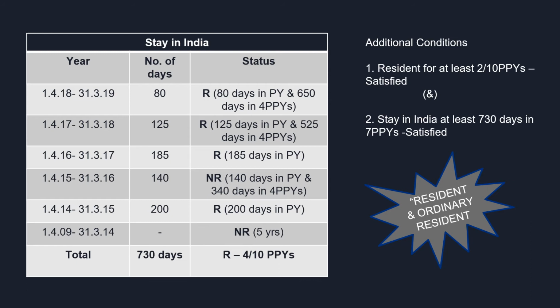So, we will begin with the first year, which is 1/4/2018 to 31/3/2019. He has stayed for 80 days, and we need to check if he is a resident for that particular year. As we know, if an individual needs to be a resident, he has to satisfy any one basic condition.